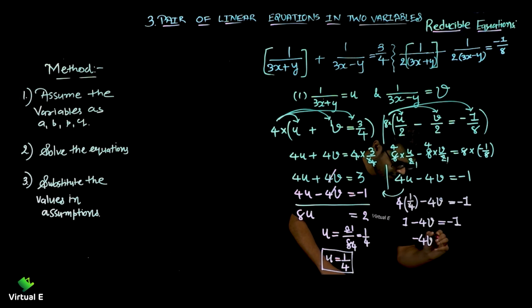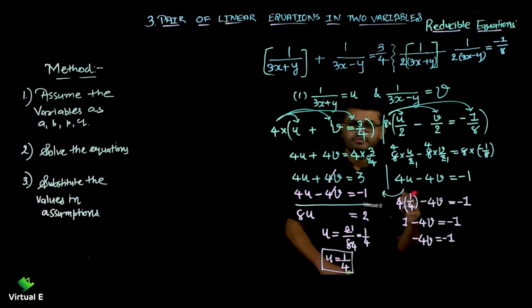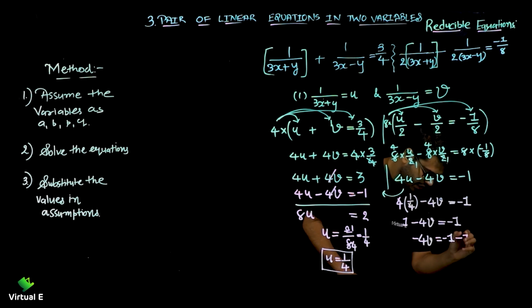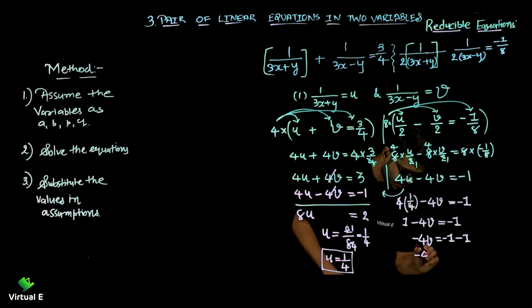Minus 4v is equal to minus 1, and this 1 will come over to the RHS and become negative, so again minus 1. So minus 4v is equal to minus 2. So v is equal to minus 2 over minus 4. Negative and negative will make positive, and after cancellation v is equal to 1 over 2 is my solution.